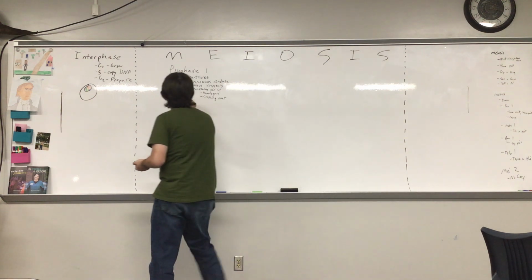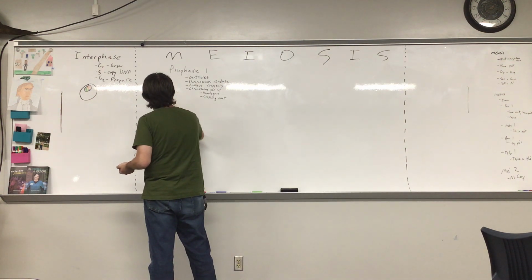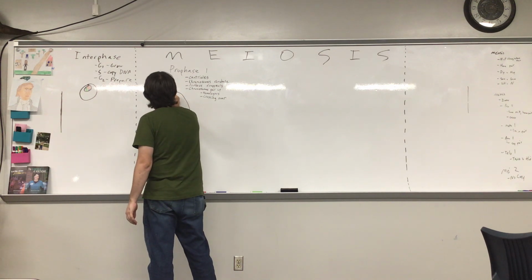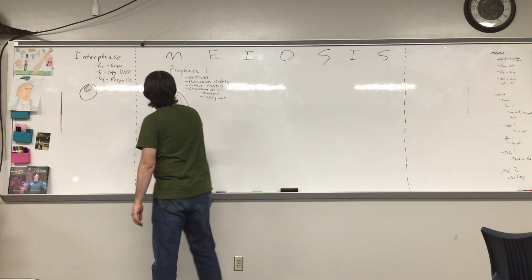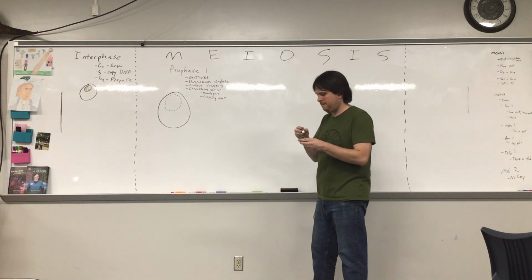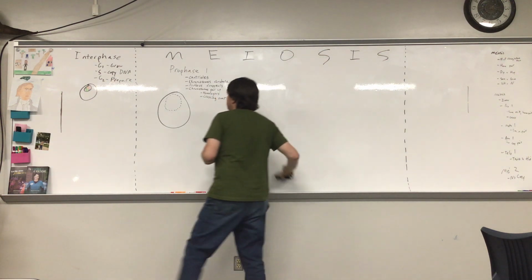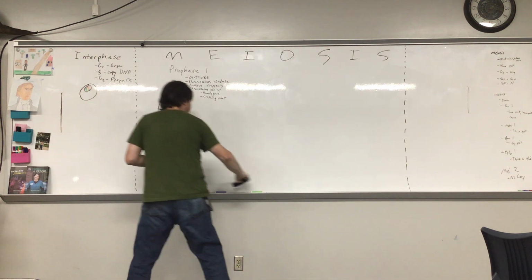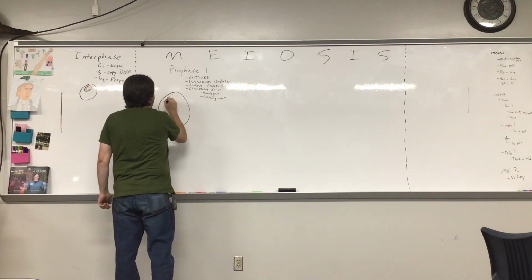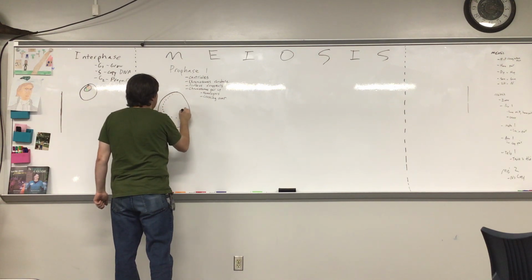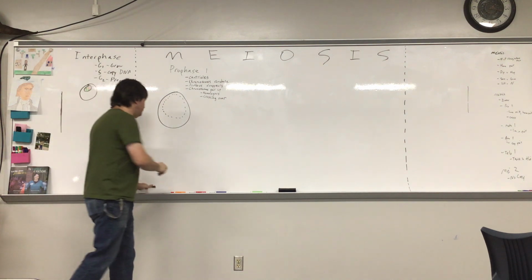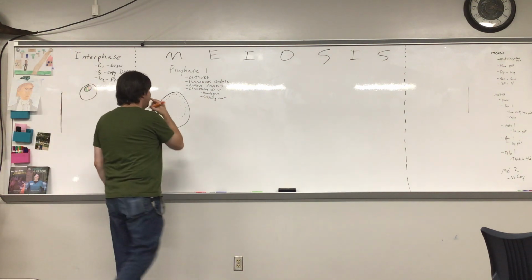So let's draw what that cell would look like. We have this cell. Our nucleus is starting to disappear. We'll make that nucleus a little bit larger so that you can see exactly what's inside of it. It wouldn't normally take up this amount of space, but it'll be easier to see. And then we become our thicky boys.